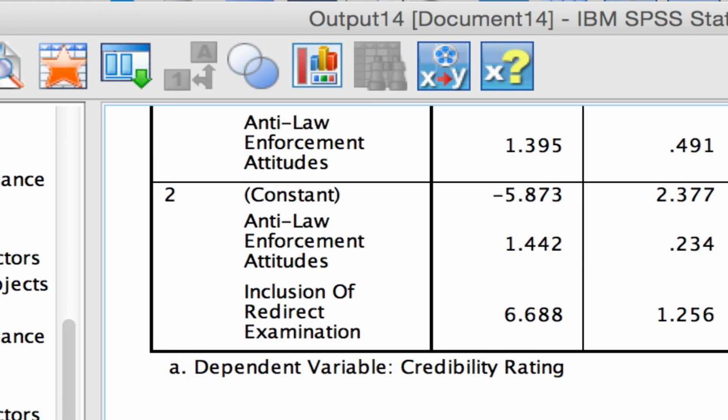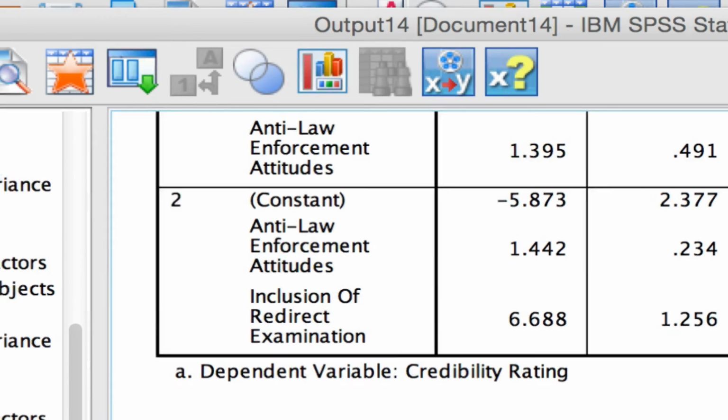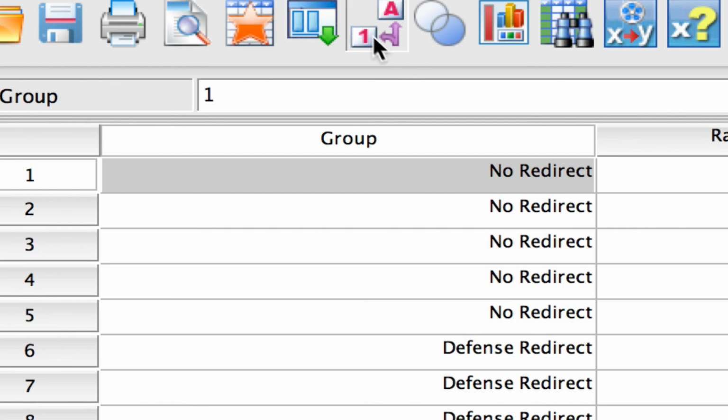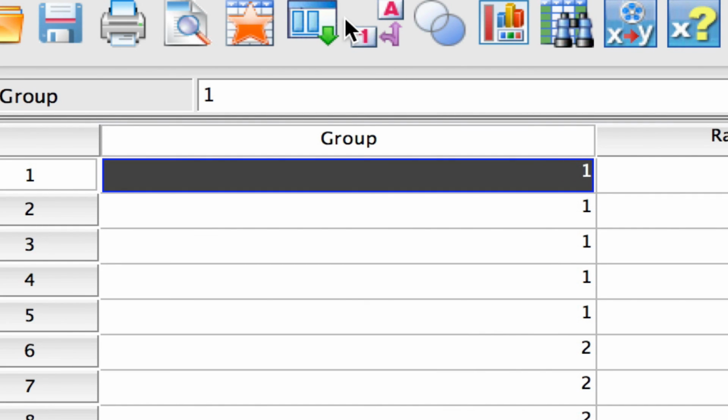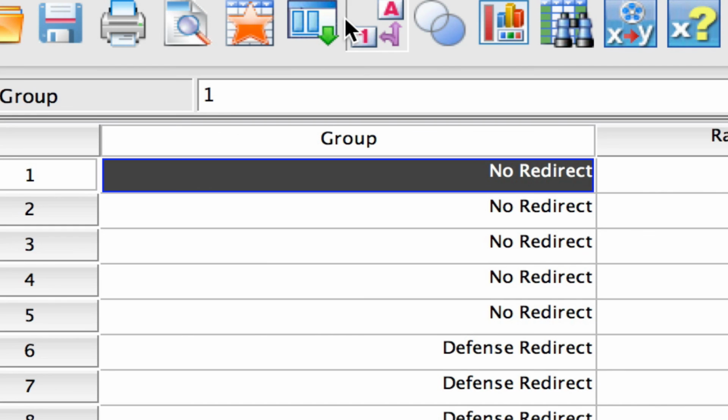So we're just going to times that by whatever group we're in. In this case, if I go back here and turn off value labels, the no redirect group has a value of 1 and the redirect group has a value of 2. So we're just going to substitute those values in.